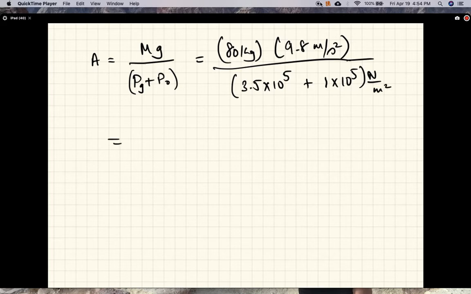So kg meters per second squared cancels the Newton, and you get a meter squared on top. So that'll give you the area of the tire in contact with the ground.